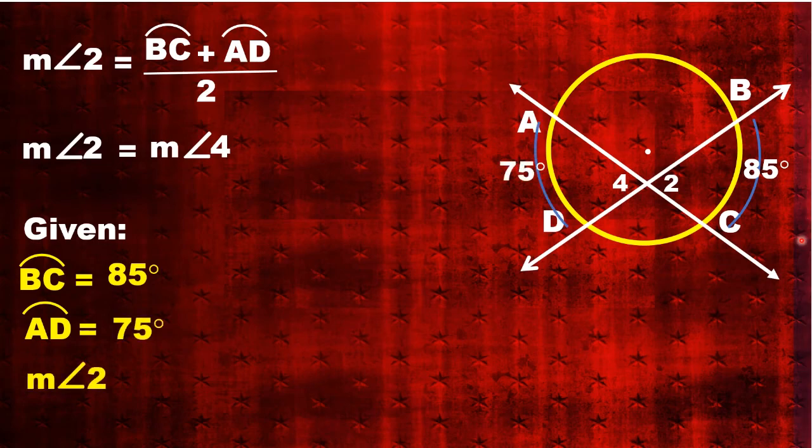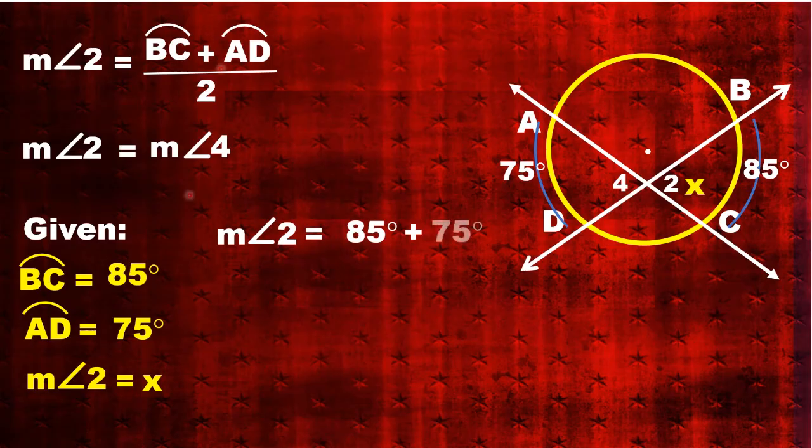So we will be looking for the measurement of angle 2, which we will represent as x. And substituting the values, we have angle 2 is equal to, ang BC natin ay 85. Ayan, plus, ang AD naman natin ay 75 divided by 2.